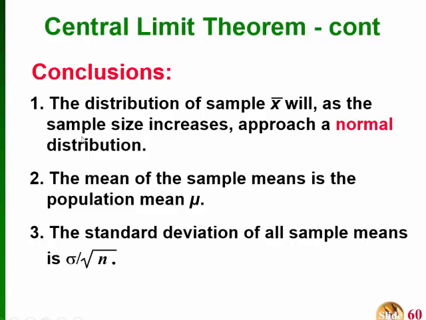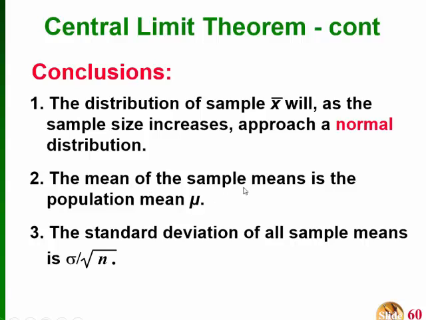So remember that the original distribution may or may not be a normal distribution. That could be a uniform distribution, that could be a skewed distribution. But if we collect the samples and find the mean of the samples, then our distribution will start to become normal.